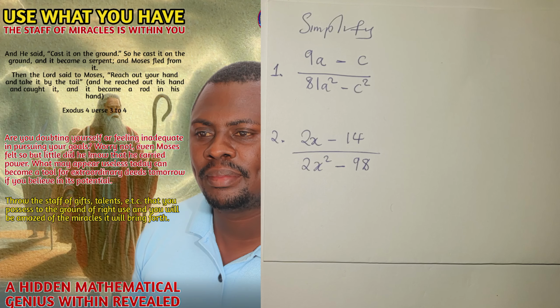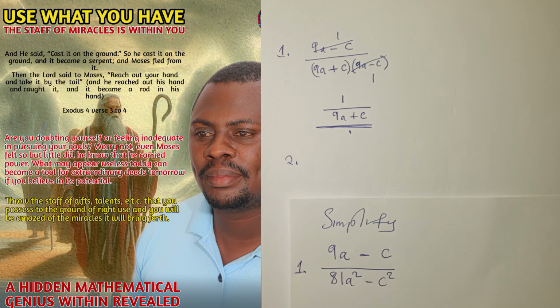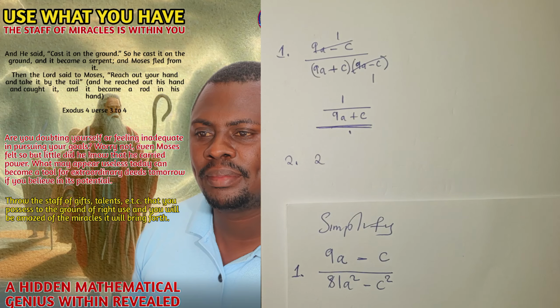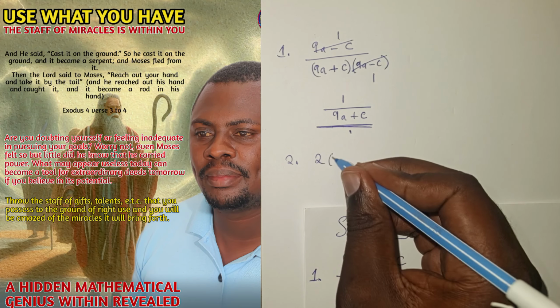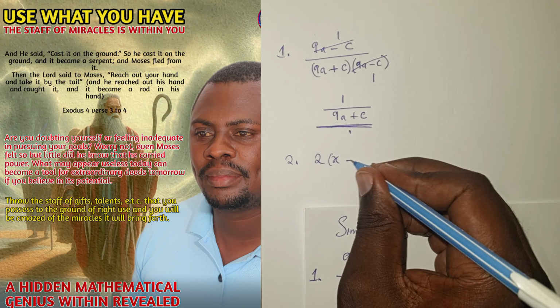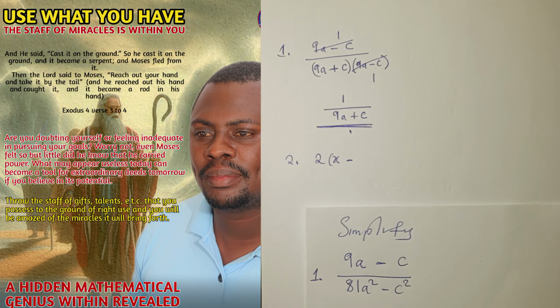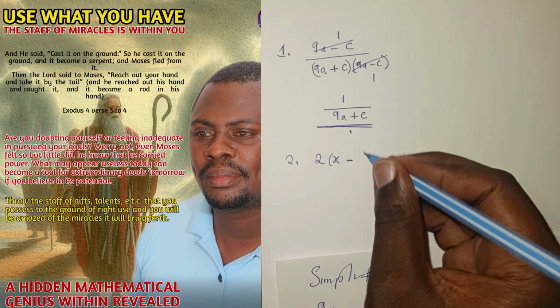We can see that there is a common factor there of 2. So we are going to divide out 2. Okay, so we have 2. So when we divide out 2, 2x divided by 2, remain with x. Then minus 14 divided by 2, you get 7.